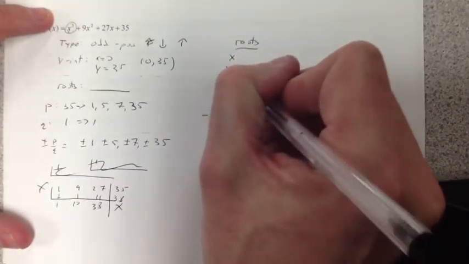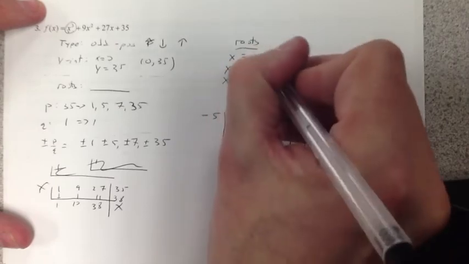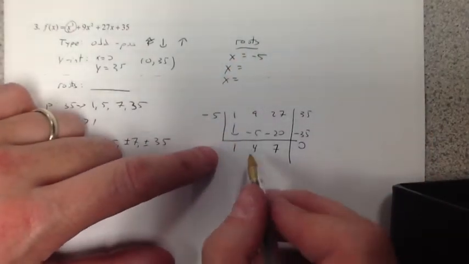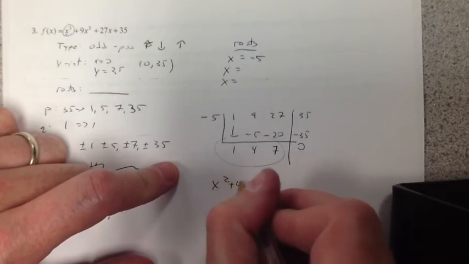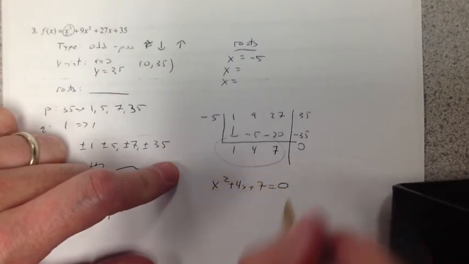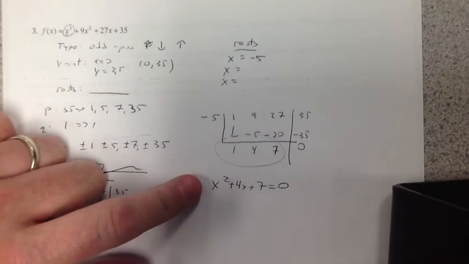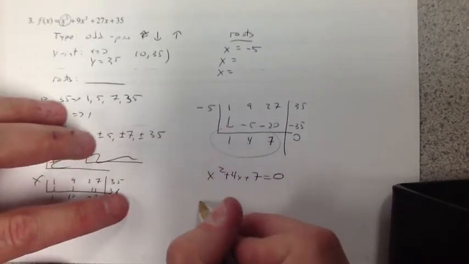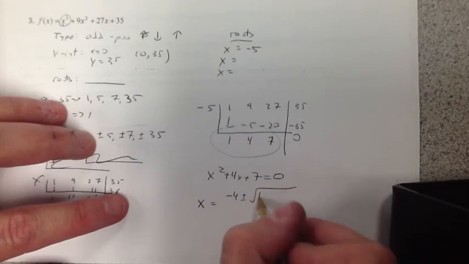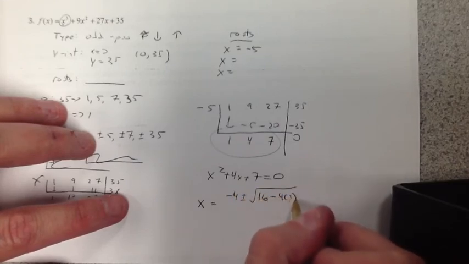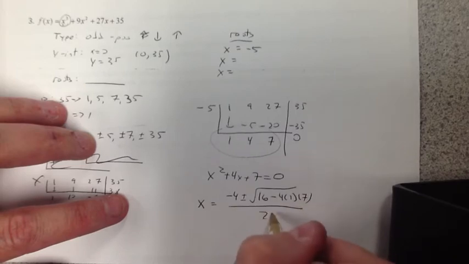We get negative 5, and then the other 2 roots, we're going to have to solve this one. X squared, our reduced polynomial, plus 4x plus 7 equals 0. Now we can't factor it, so we do have to use our quadratic formula. X equals negative b plus or minus the square root of b squared minus 4ac, all over 2a.